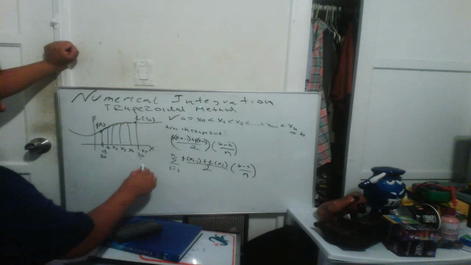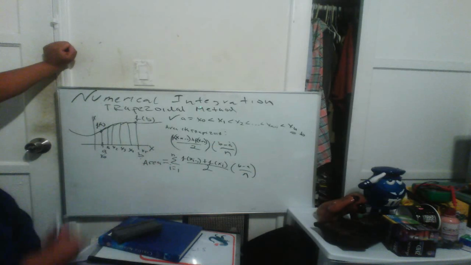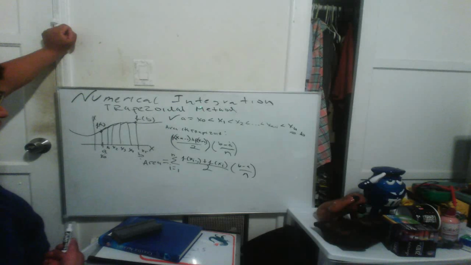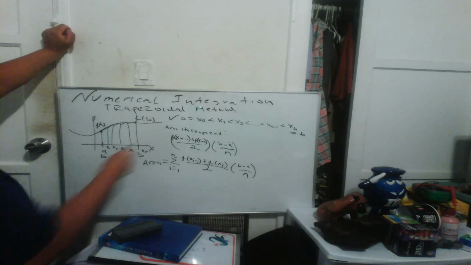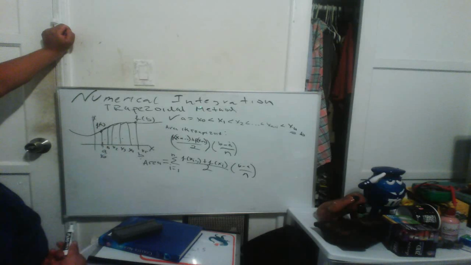So that will equal the area under the curve. We take each little trapezoid, the area of each little trapezoid, and we add them all up. So we add this one, this one, this one, this one, this one, and we get the area, an approximation.